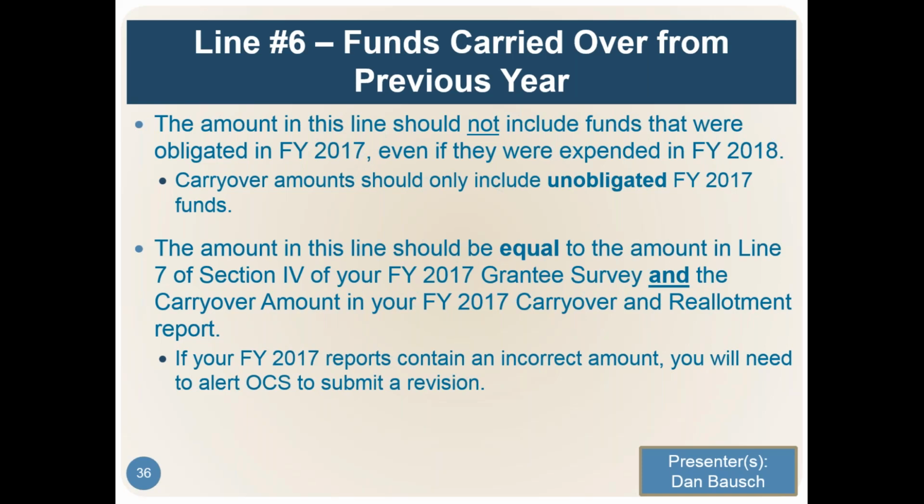And the amount in this line should be equal to what you reported in the 2017 Grantee Survey under the uses of funds, as well as your 2017 carryover and reallotment report. And if we go to the next slide, you'll see an example of how these connect.